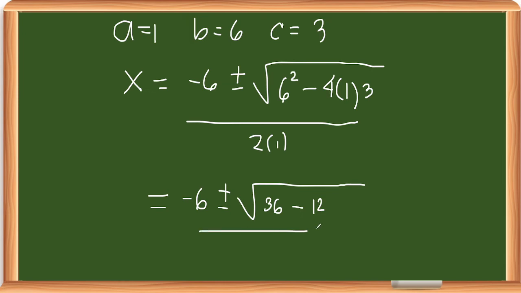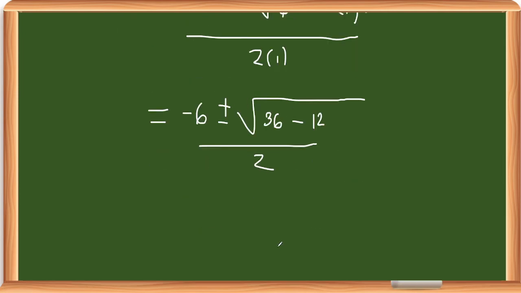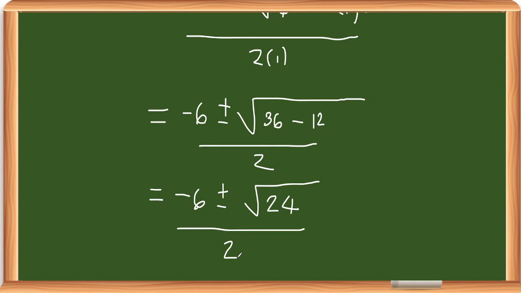Okay? All over 2. So, negative 6 plus and minus the square root of what is 36 minus 12? It is 24. Okay? All over 2. Okay. Does 24 have a factor that is a perfect square?